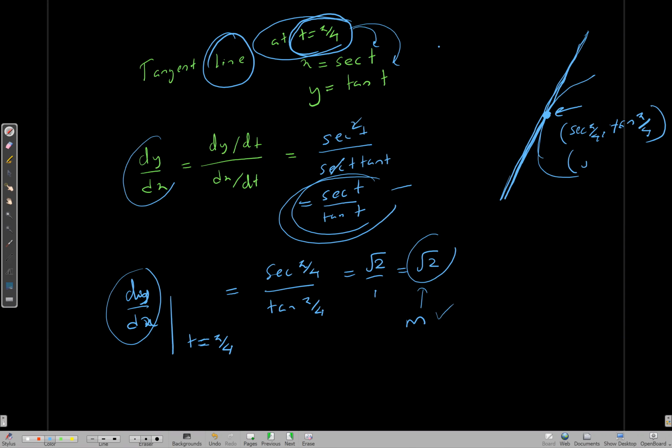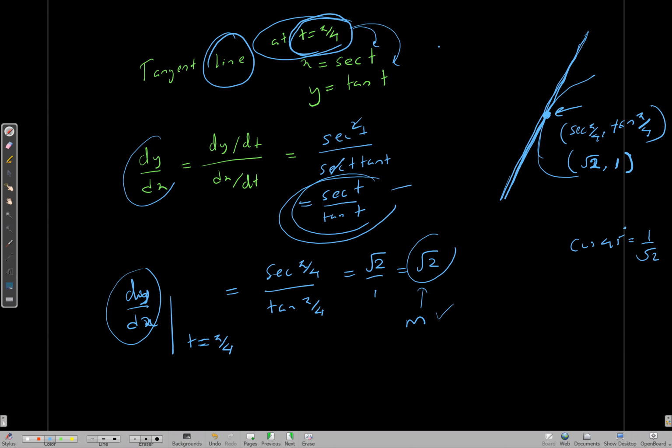So that's root 2, comma, 1, because secant is 1 over cosine, and cosine 45 degrees is 1 over root 2, so secant is root 2.